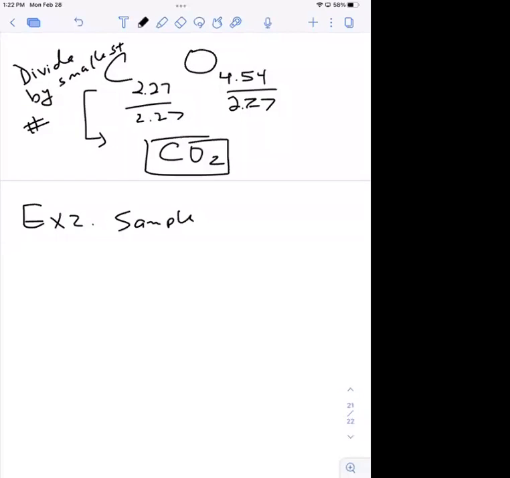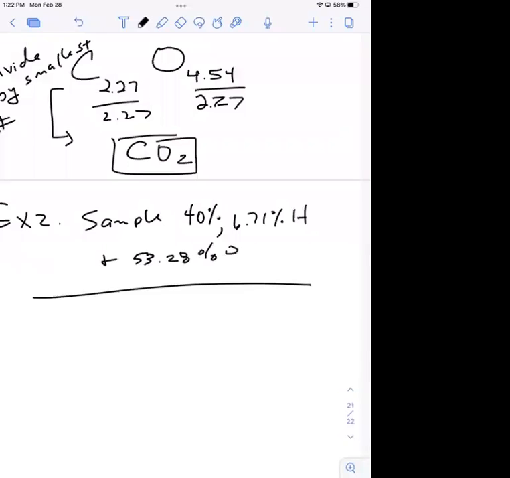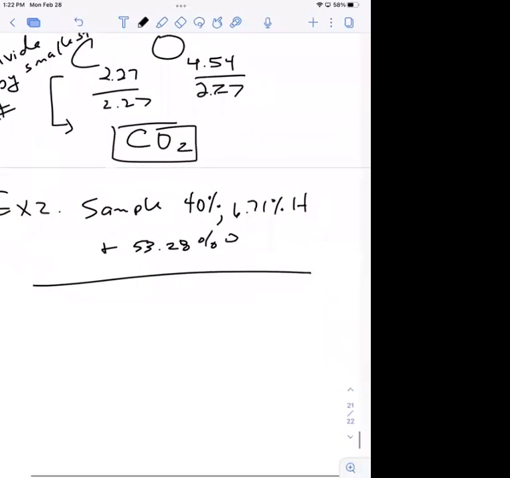A sample that's 40% carbon, 6.71% hydrogen, and 53.28% oxygen. Right, this is our percent composition, and we want to find out what the empirical formula is.